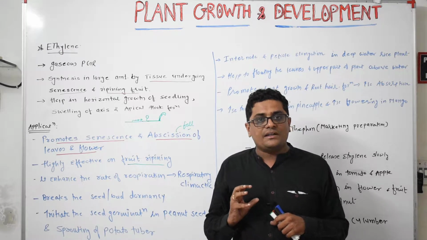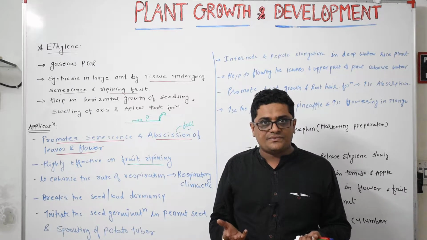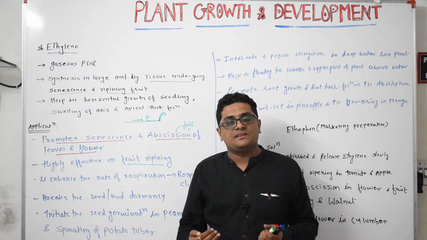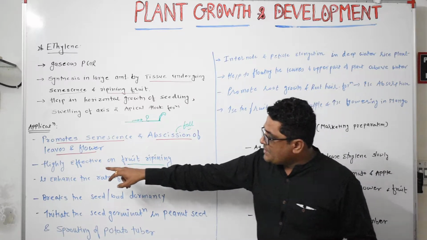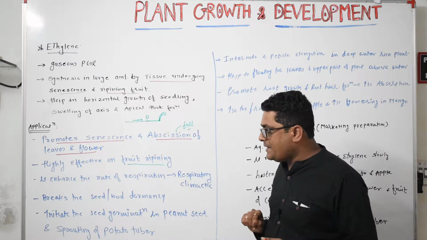This ripened orange released a gaseous volatile substance, and that gaseous volatile substance ripened the banana. So it is highly effective on fruit ripening.